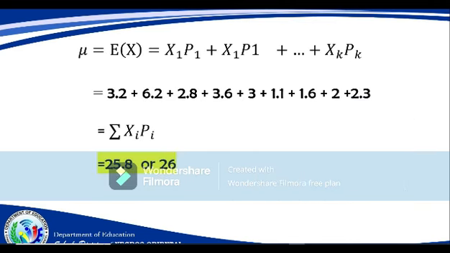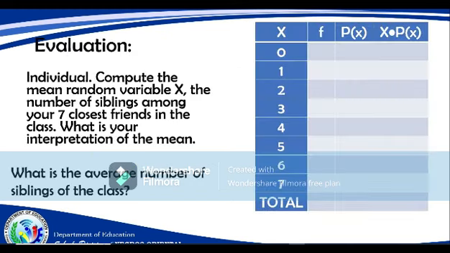We're going to round it off. So 26 would be the average number of storms in the first decade from 1991 to 2000.